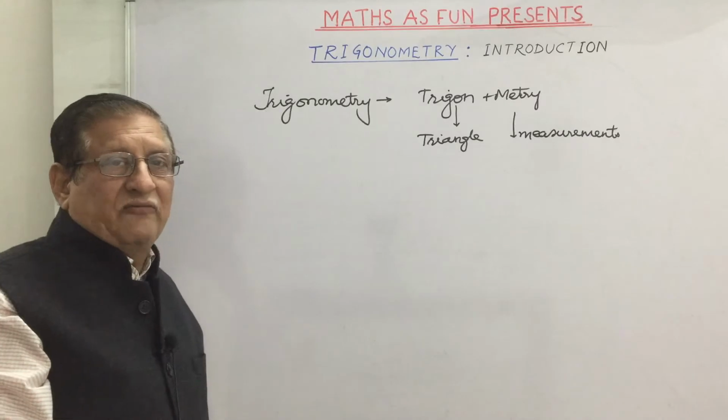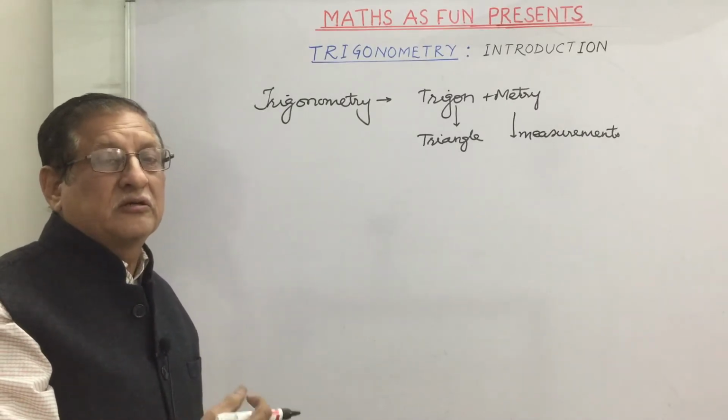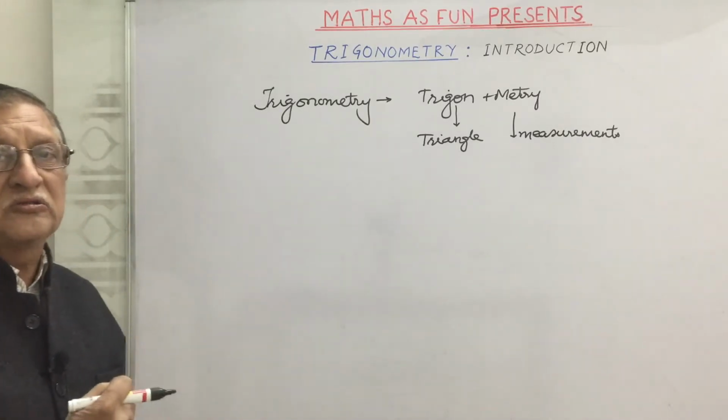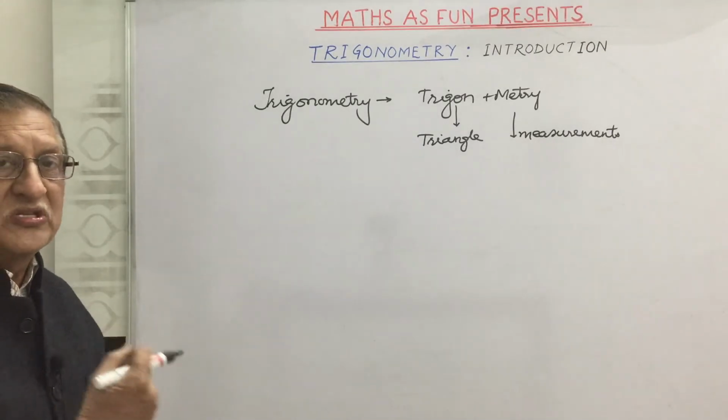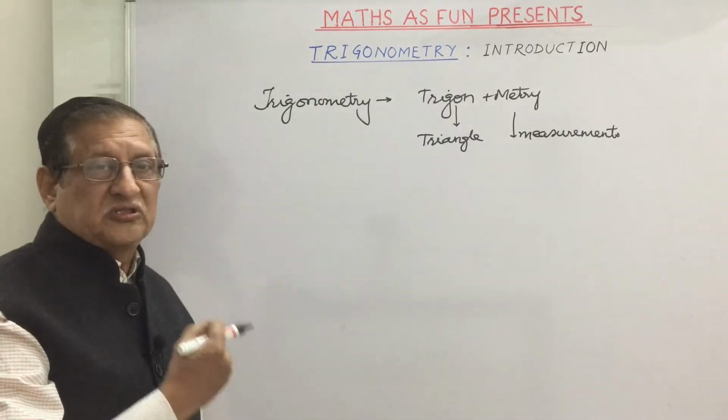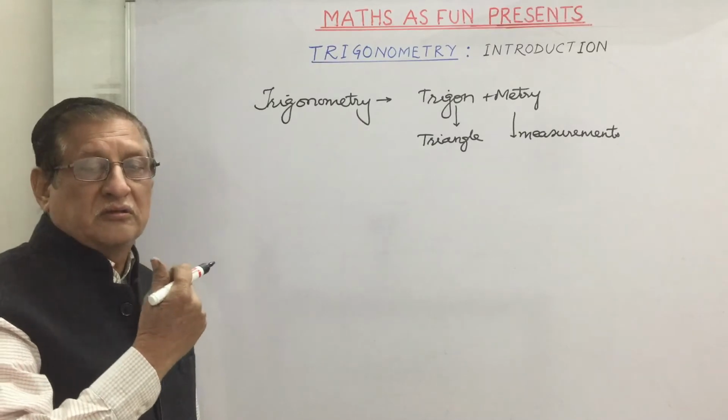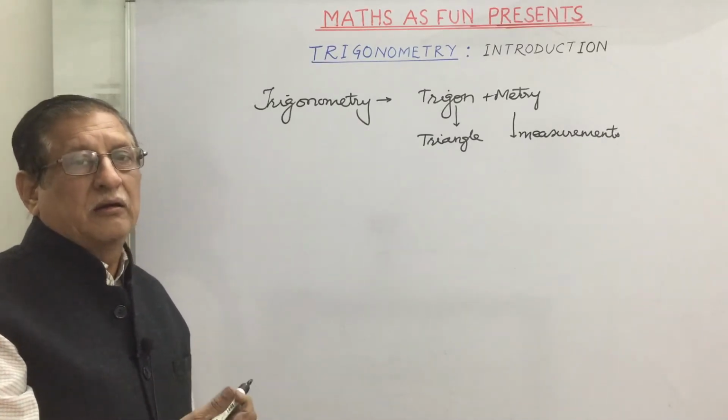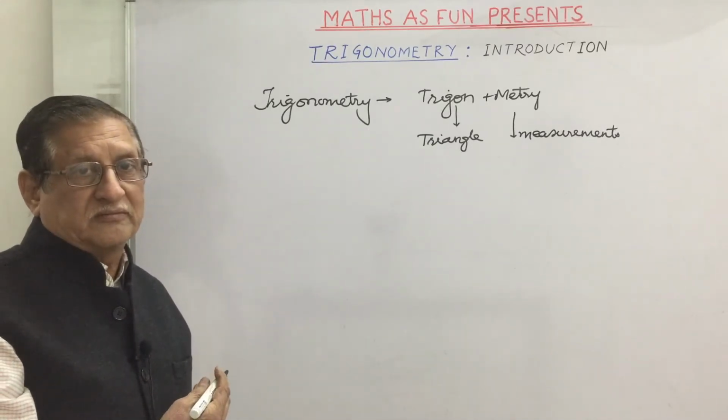So what can we derive from this? We can derive that trigonometry is a branch of mathematics in which we study the sides and the angles of the triangle and its other properties.